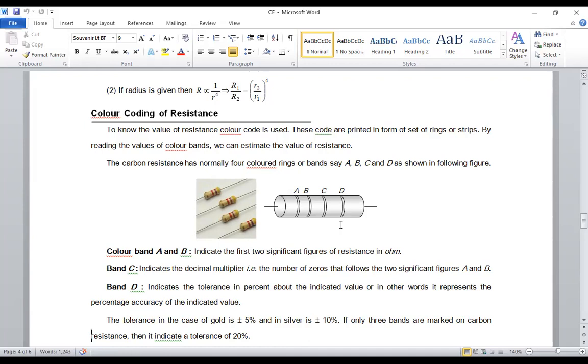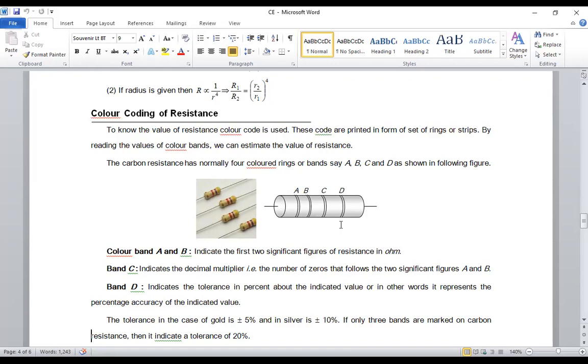For the fourth band, we have three options: gold, silver, and no color. They won't be indicating any color there. For gold, it is plus or minus 5%. For silver, it is plus or minus 10%.